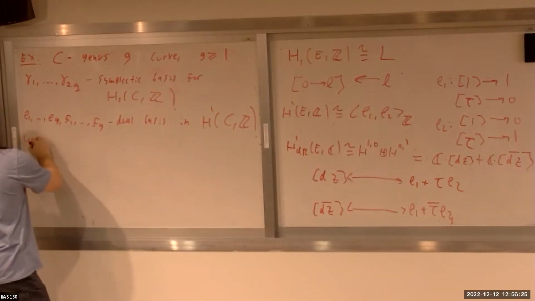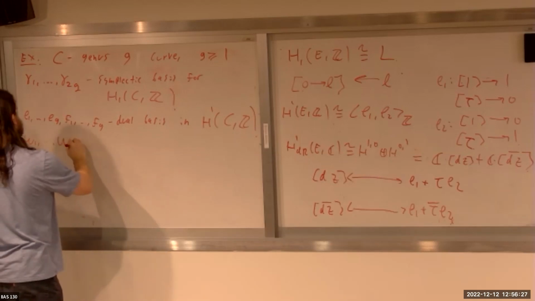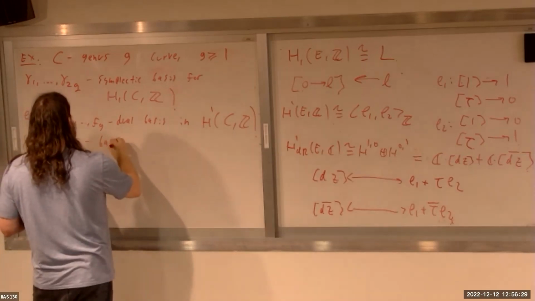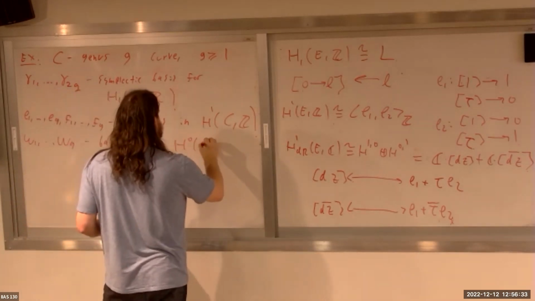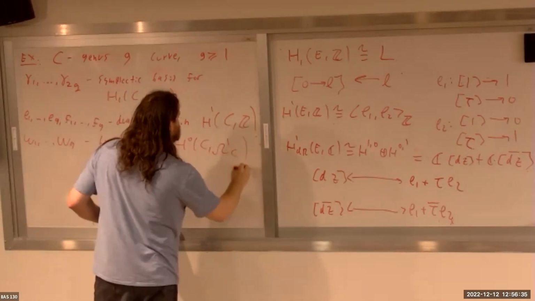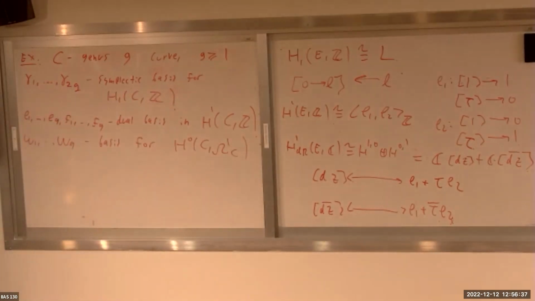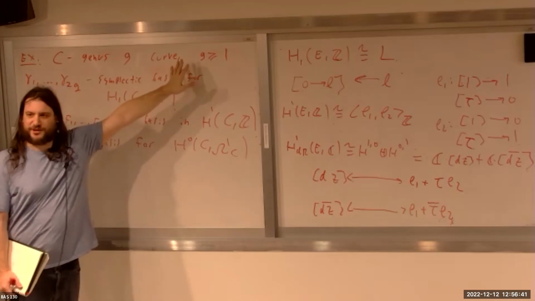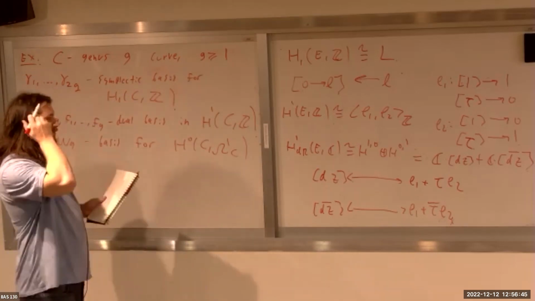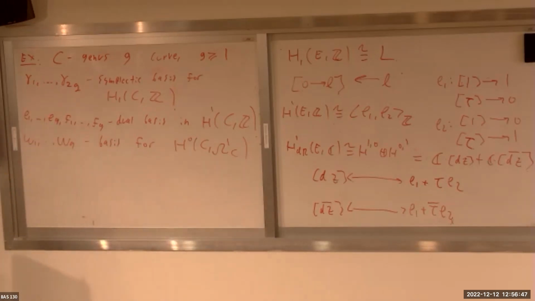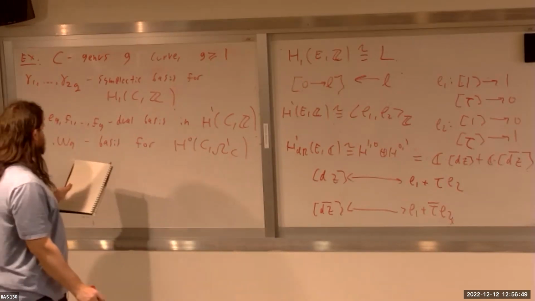And we just let omega_1 through omega_g be a basis for the holomorphic 1-forms. Okay, so by a curve here, I mean a smooth projective curve, by the way. Things can still be done for affine curves, but they're more complicated in a way that I might talk about in maybe lecture 3.